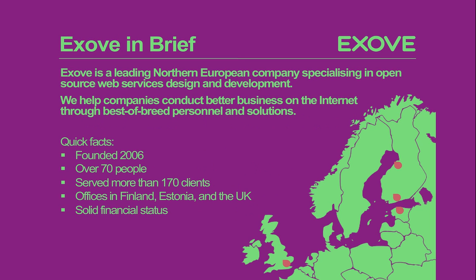A few words about the company, and then we go to the topic. So we are one of the leading Northern European companies focusing on open source design and development. Our business is to help customers conduct better business on the internet. This is now our 9th year, so we have been operating since 2006. As said, over 70 people, and we have been serving more than 170 clients.